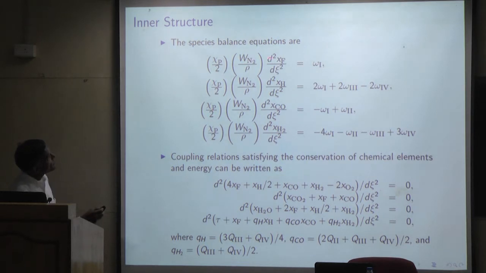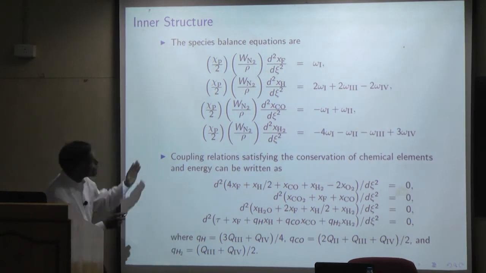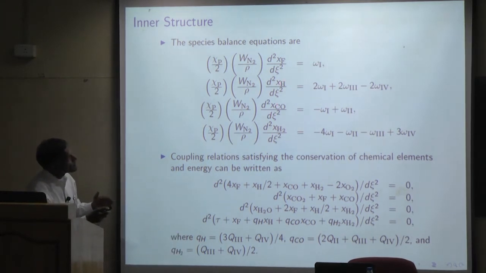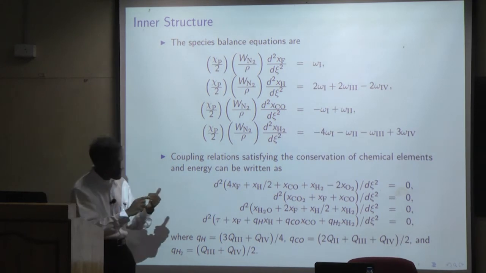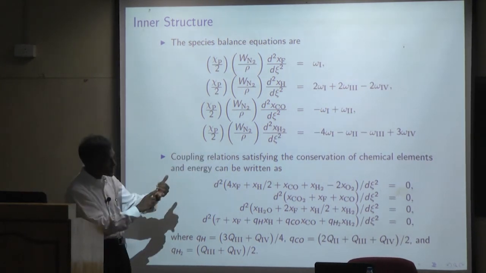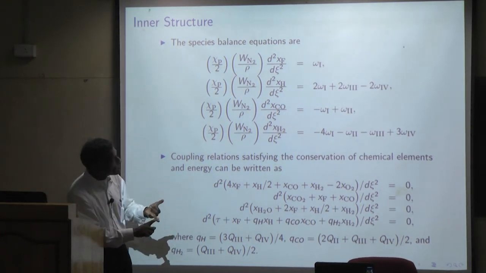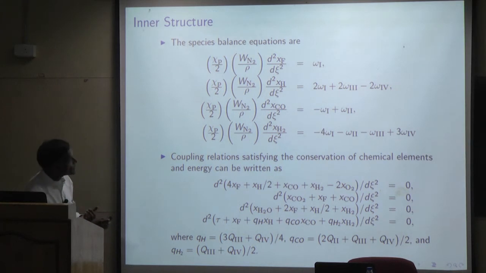These are the species balance equations in the reaction zone. What I want you to get here is that if you look at the number of species, we had many more species, CO2 and others.